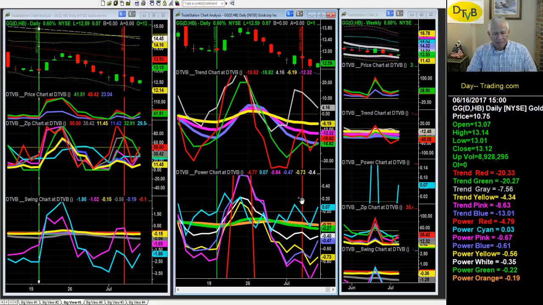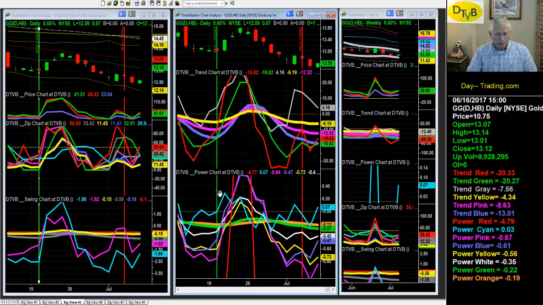And that's the identical situation on the red vertical line. The direction of power Zion is opposite, or I should say, with most of them, it's opposite. In the red vertical line, except for the white line, white and blue are up, and yellow and pink are down, and you end up with a red candle.